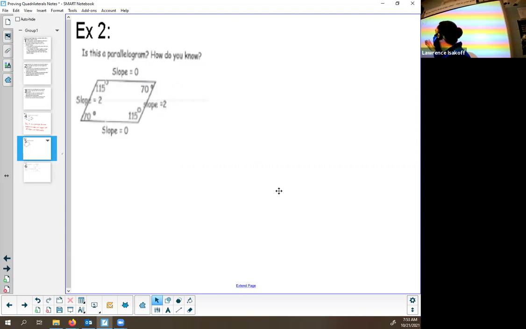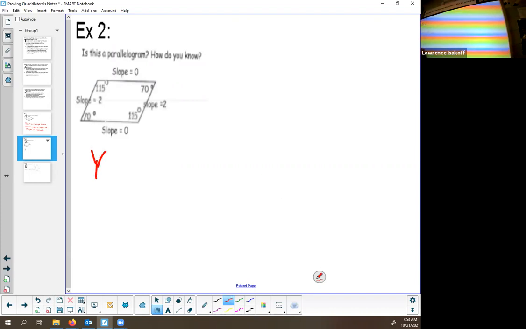Now, oftentimes we won't be dealing with measurements like this in the corner. We'll be looking probably more like slope and distance, but this one changed it up a little bit on us. Not a big deal. So we did conclude that this is a parallelogram. So yes, it is a parallelogram.